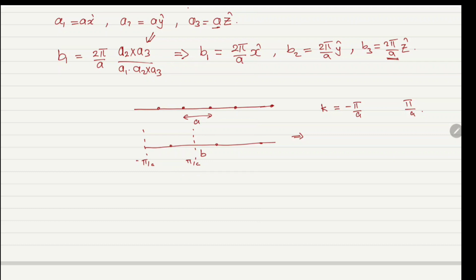This is the Brillouin zone boundary. Or in other words, we can define plus or minus half B1 equal to plus or minus pi over a x hat, and plus or minus half B2 as plus or minus pi over a y hat, and plus or minus half B3 equal to plus or minus pi over a z hat.